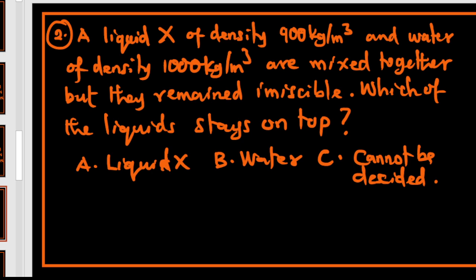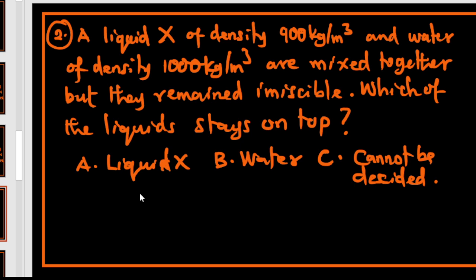Okay, it is correct that liquid X will stay on top, and you have explained it that it is because it has a lower density. That's correct. Explaining it with mass is partially correct.